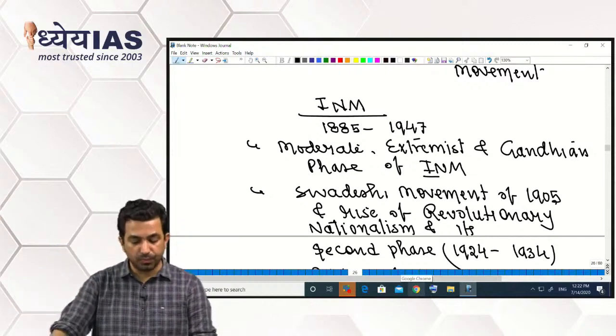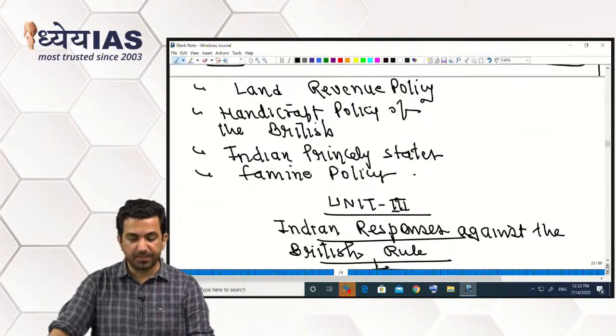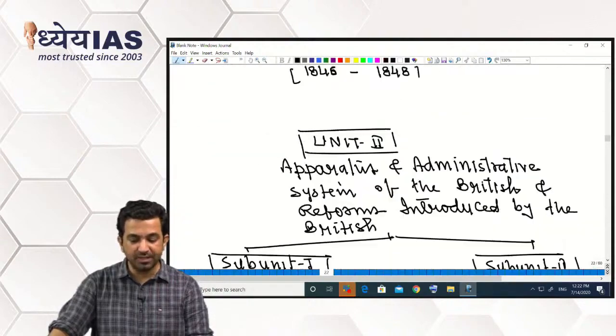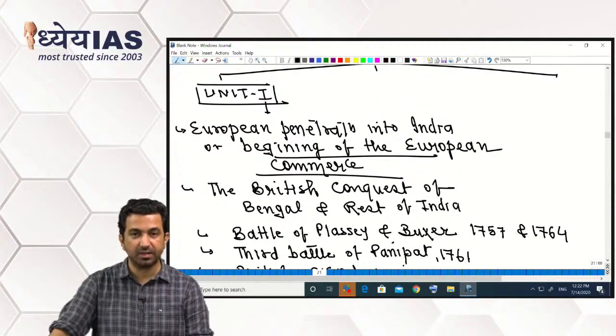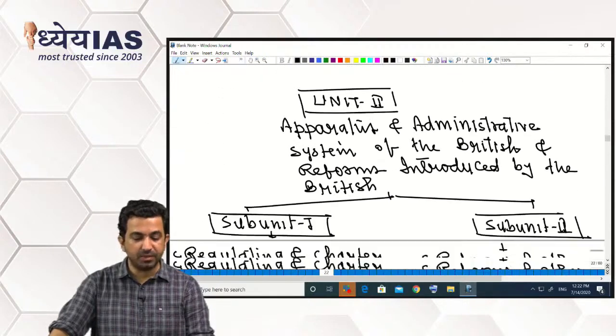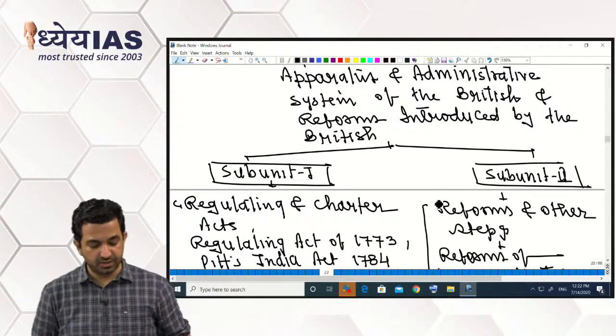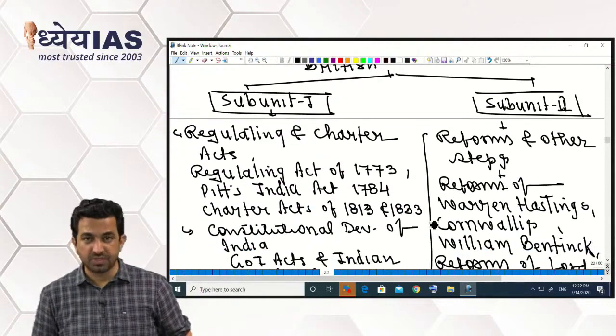So paper 2, unit 1, the British conquest of India. Paper 2, unit 2, apparatus and administrative system of the British, dividing into two subunits.